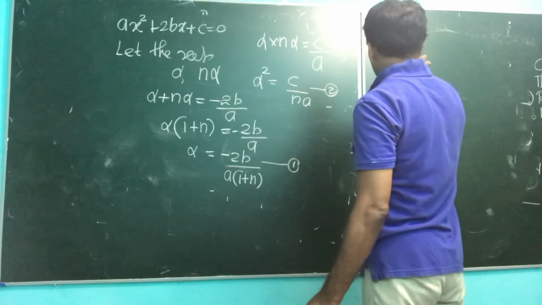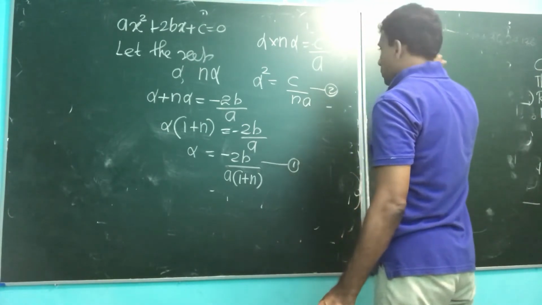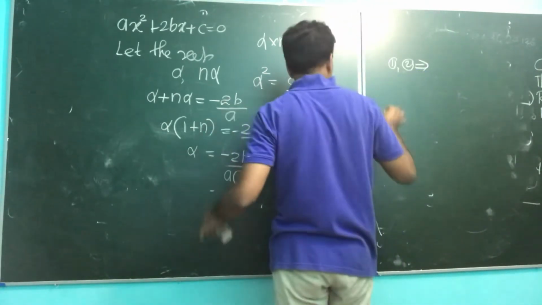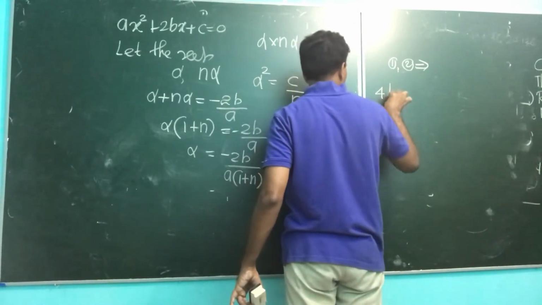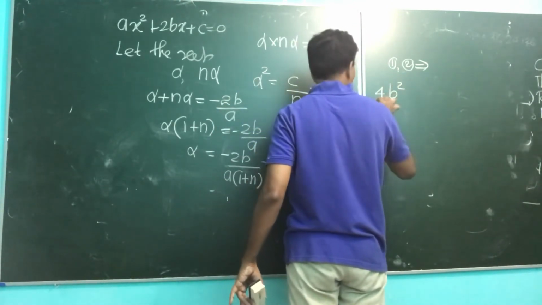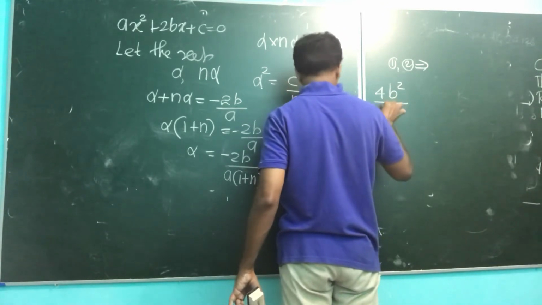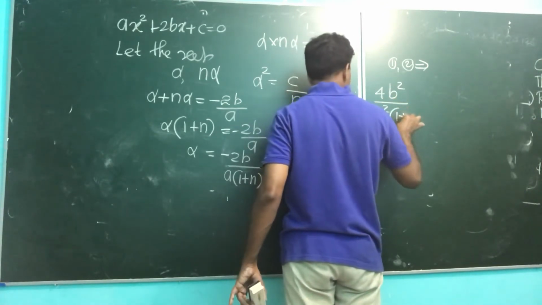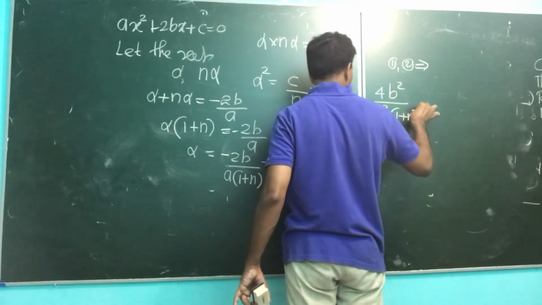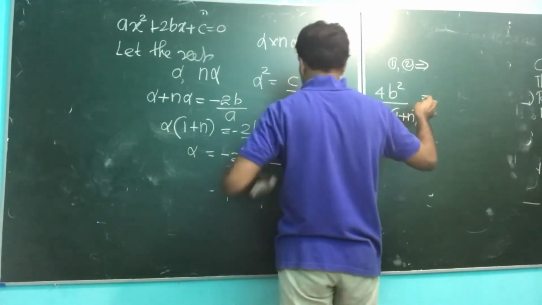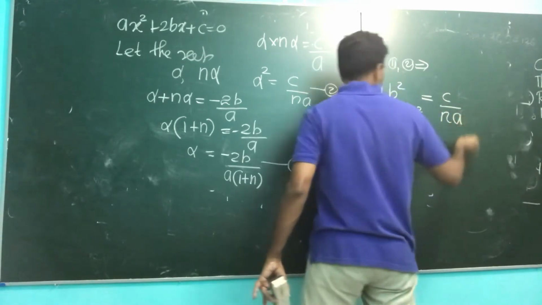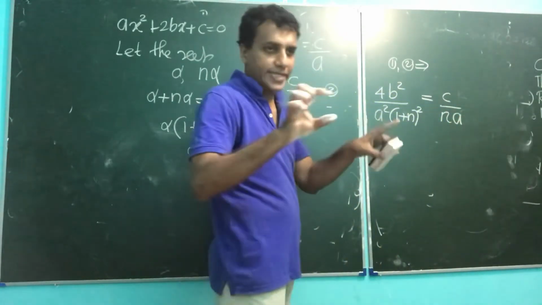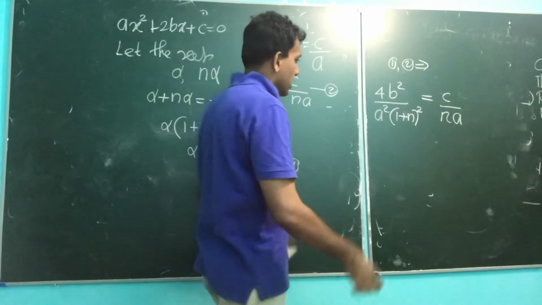1 comma 2 gives you, what is that? Alpha squared it, then minus square gives 4b square over a square into 1 plus n completely square. The other side, what is that? C over na. Then something they ask to show. Simplify a little.